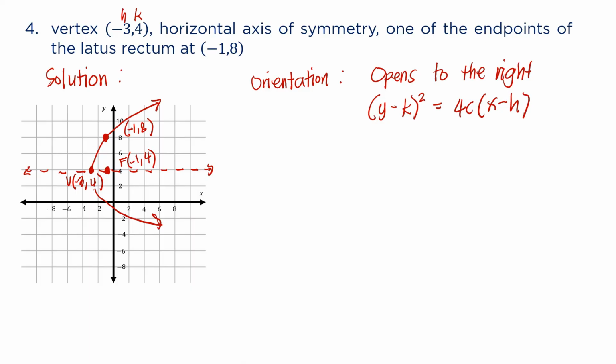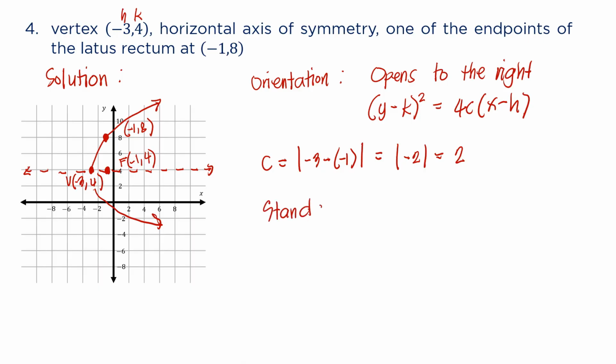Okay? So from that, we can now solve for the distance from the vertex to the focus. That is your focal length, which is yung c. Right? So your c is just equal to the absolute value. Horizontally aligned sila. So subtract natin yung x coordinates. So you have negative 3 minus negative 1. Yun. And that is negative 2, or absolute value of negative 2 is 2. Okay, so we have now the value of c.